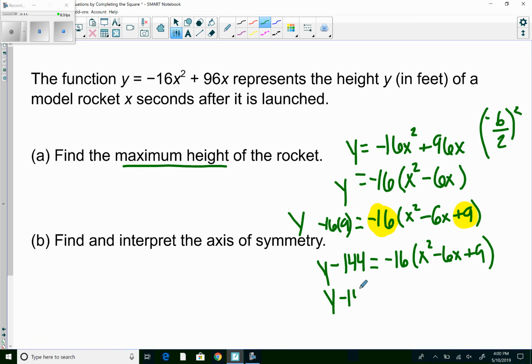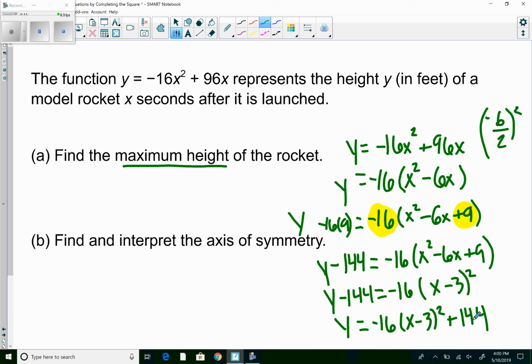Okay, so now I've got y minus 144 equals negative 16 times x minus 3 squared. Then we can get the 144 back over to the other side: y equals negative 16 (x minus 3) squared plus 144.